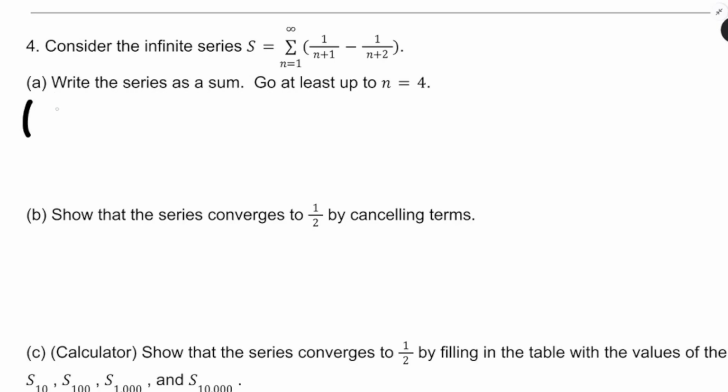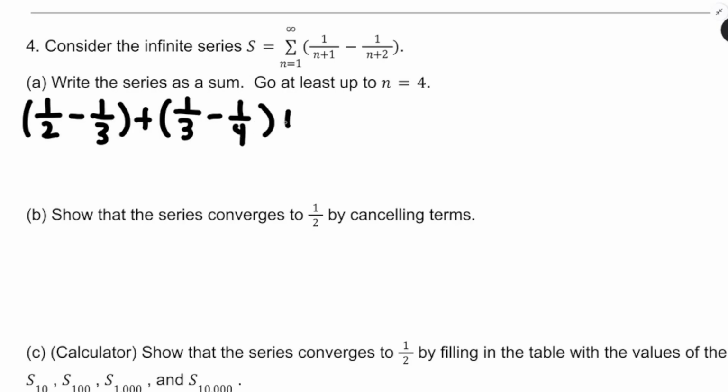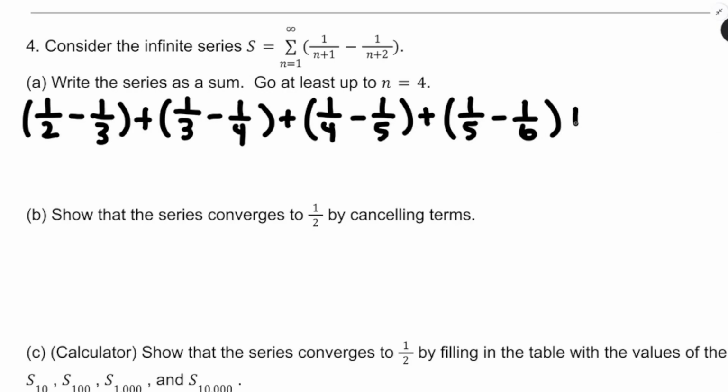All right, so 1/2 minus 1/3 plus, when n equals 2, 1/3 minus 1/4. Okay. N equals 3, 1/4 minus 1/5. N equals 4, 1/5 minus 1/6. That's as far as I think we need to go.